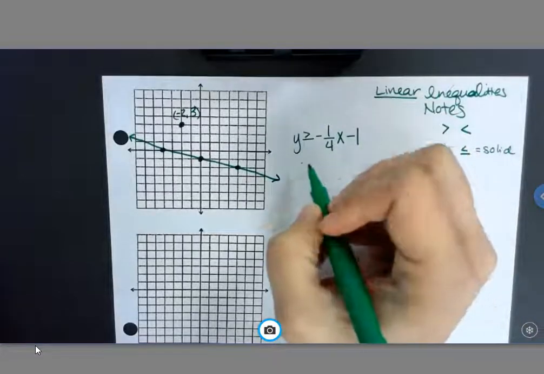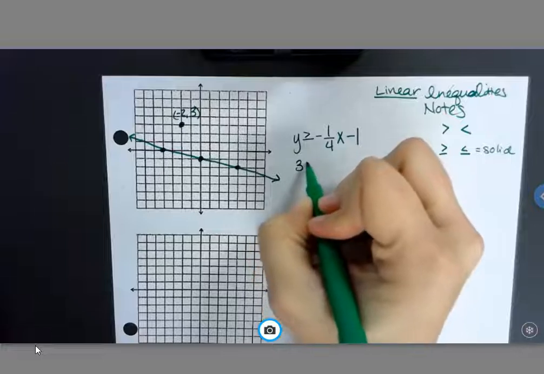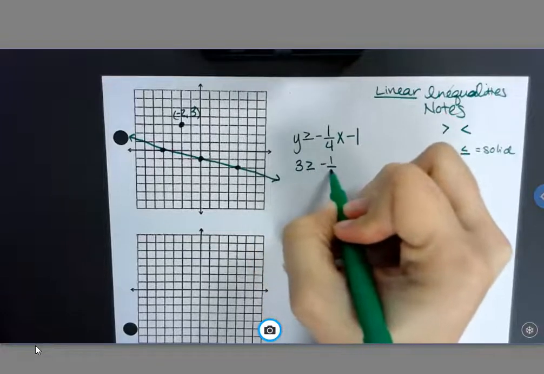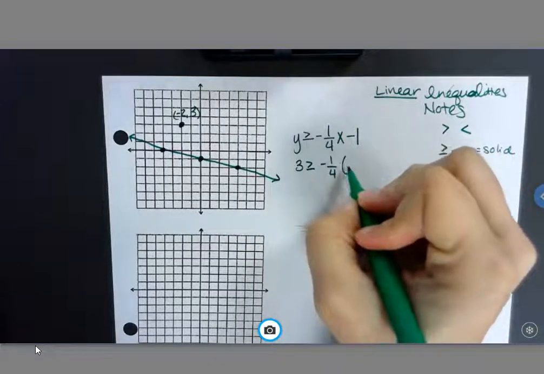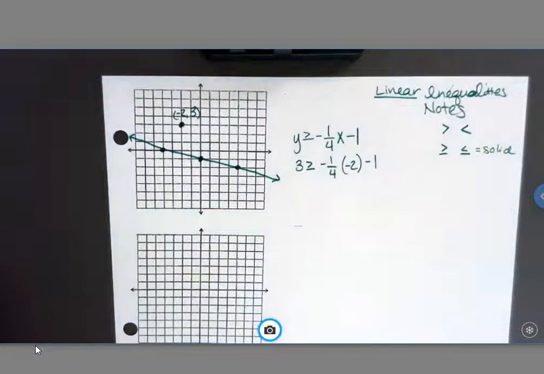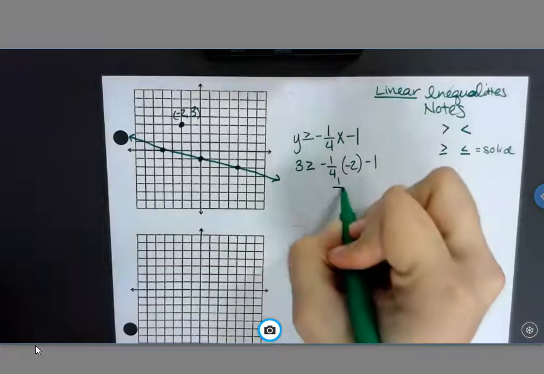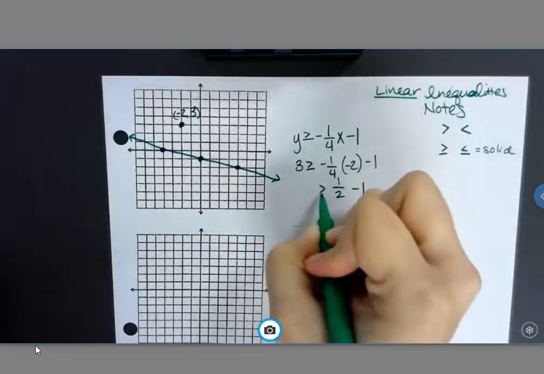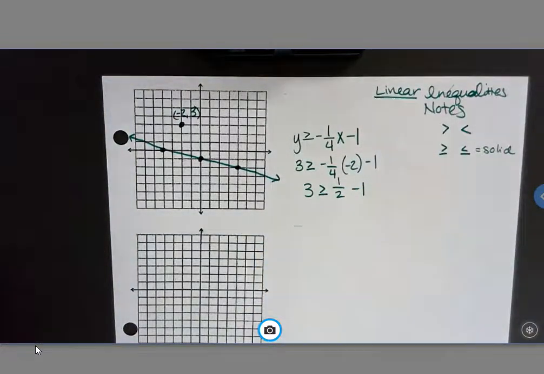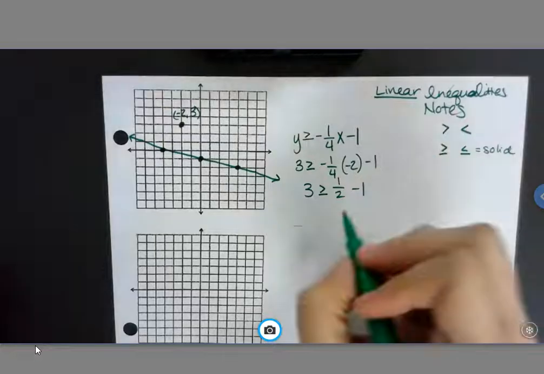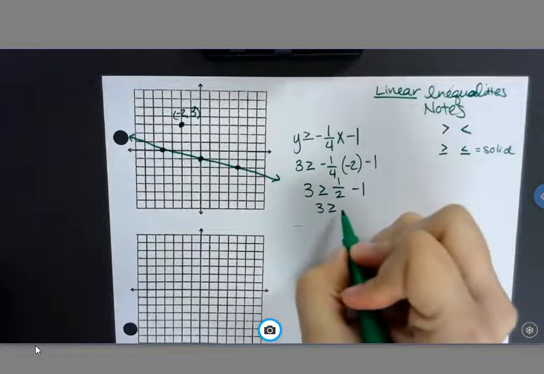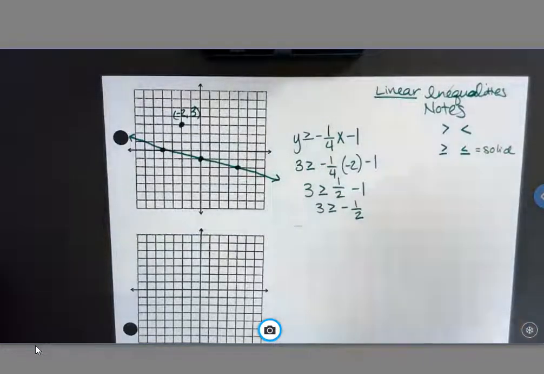So let's see, the y value is 3. Negative 1/4 times negative 2 is 1/2. 1/2 minus 1 is negative 1/2.